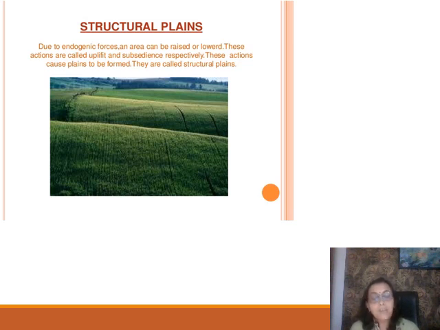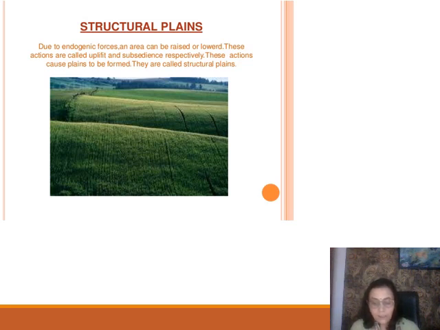For example, the Great Plains of USA were formed due to uplift of land submerged under water. Many million years ago it was below the sea, but when it got uplifted, some areas still remained below the sea. Those areas form the vast lakes, so you see a number of lakes in that area.